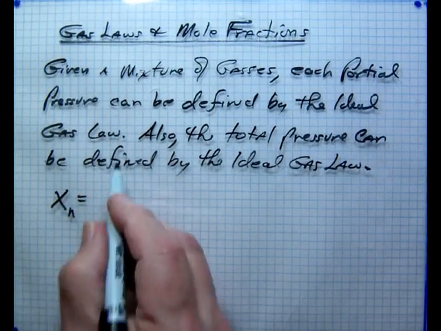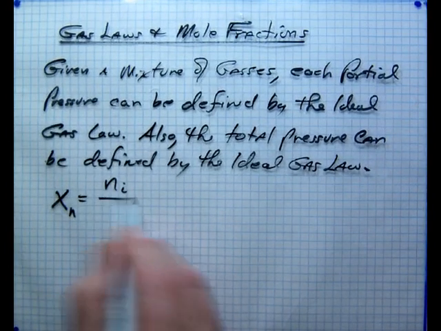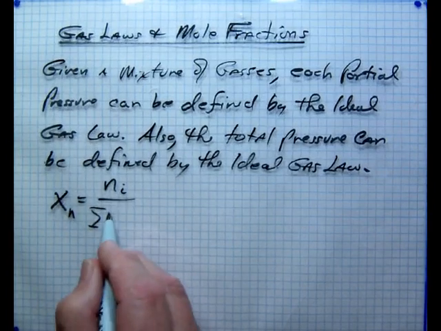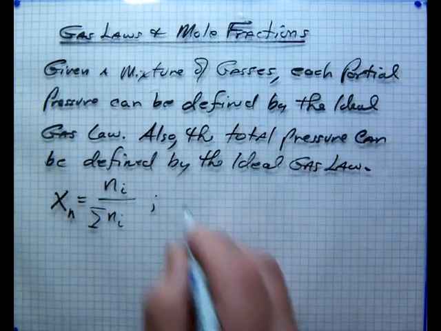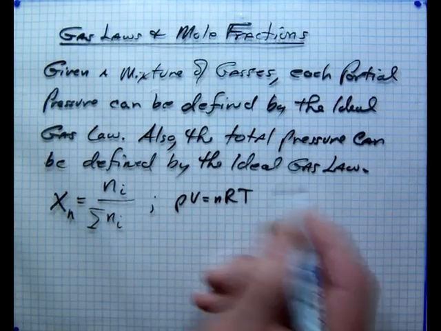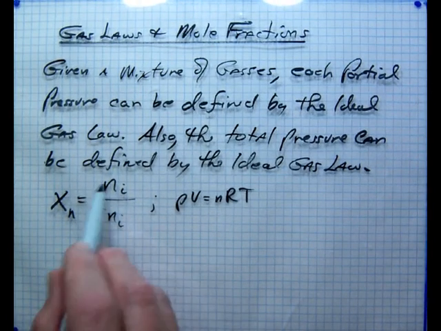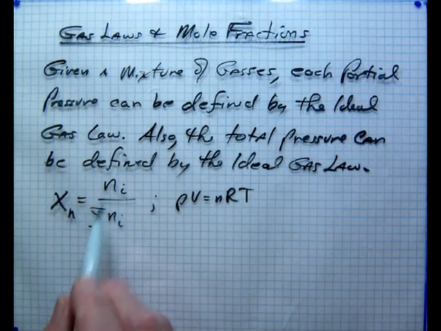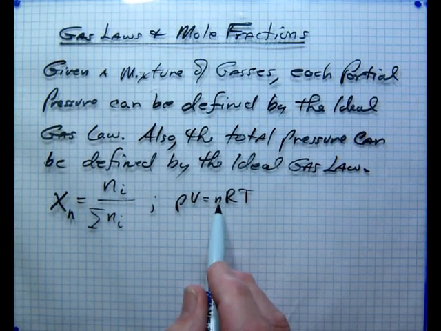That is, of course, the moles of i over the sum of all your moles. You know, PV equals nRT. Solve this for n and substitute it into this expression.